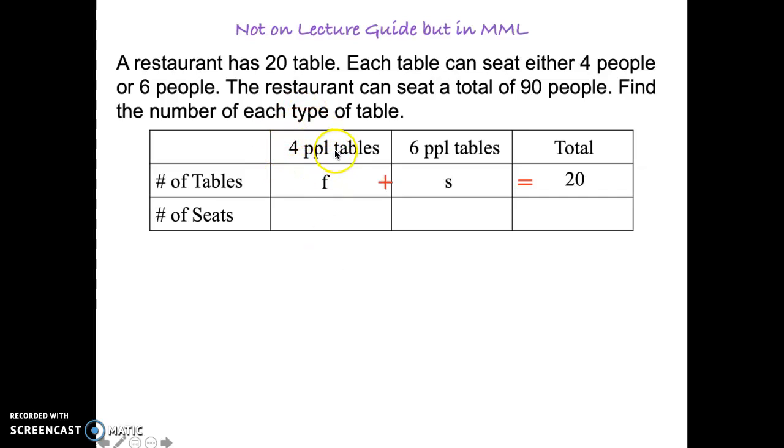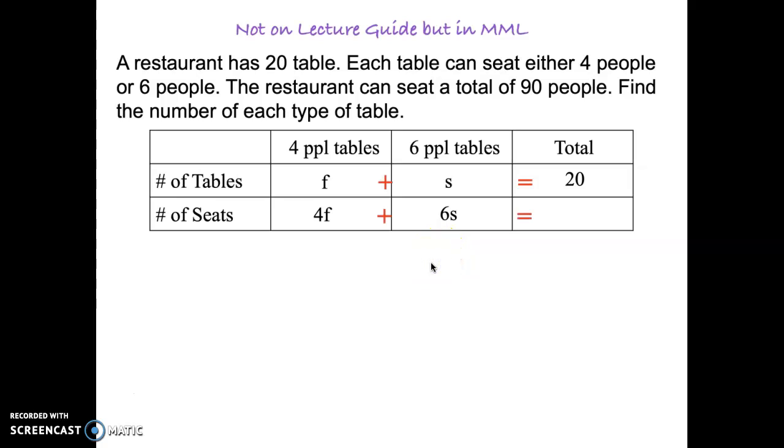Well, a 4-person table has 4 seats, so 4 seats per table times the number of tables gives me the number of seats available at 4-person tables. There's 6 seats at a 6-person table, so 6 seats times the number of that type of tables gives us the total number of seats for 6-person tables.